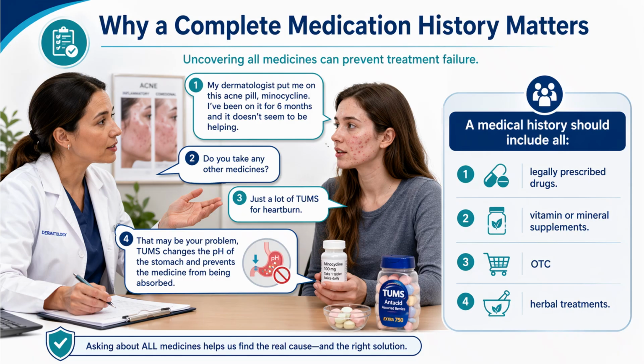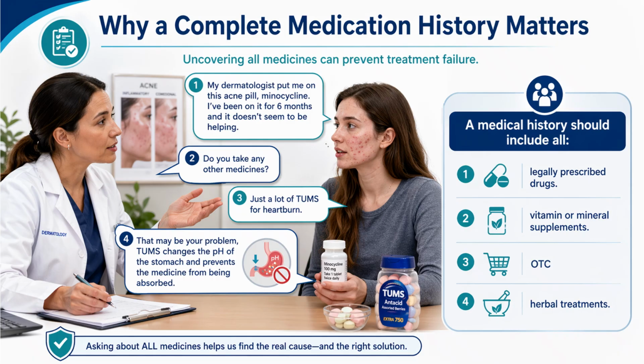So the point here is a good medication history includes not just prescription medications, but over-the-counter products, vitamins, minerals, herbal treatments, because all of these things may be affecting the outcome. In the example where the patient is taking minocycline but also taking Tums, you see in panel 4 the clinician says, well, that might be your problem, because Tums is changing the pH of the stomach.